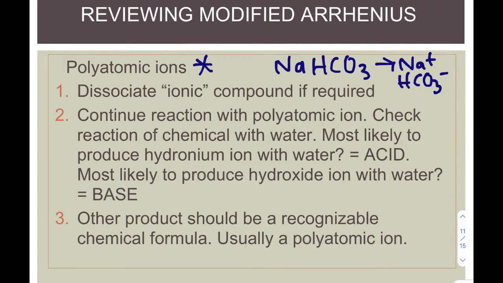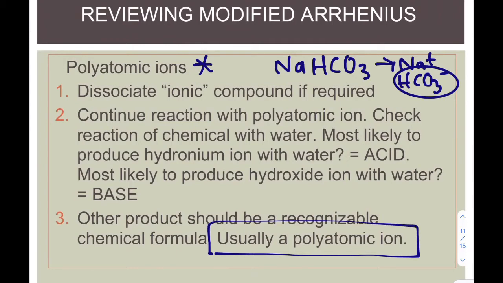We're going to continue the reaction with the polyatomic ion. Check the reaction of the chemical with water, and is it most likely to produce a hydronium ion? In fact, if it is, it would be an acid, or is it going to produce a hydroxide ion with water, and then it would be a base. And then the other product should be a recognizable chemical formula, usually some sort of ionic compound, usually some sort of polyatomic ion.